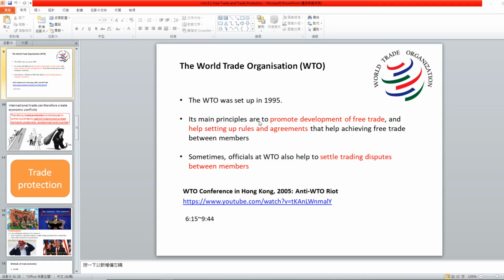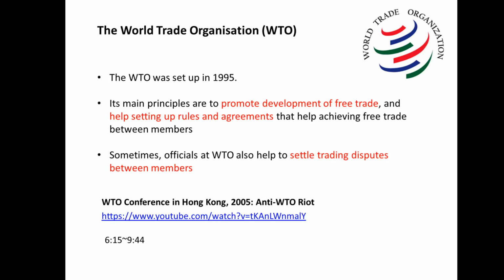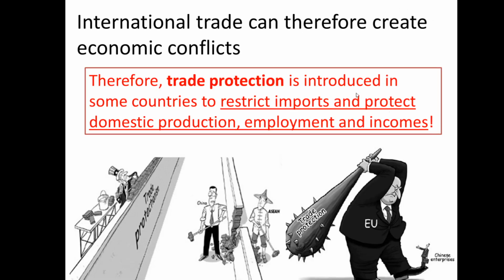I'm going to go through this one last part for today. Because of all these reasons, some countries know these consequences, and that's why they don't want free trade, or they just want limited free trade with other countries, and that's why they make trade protection.